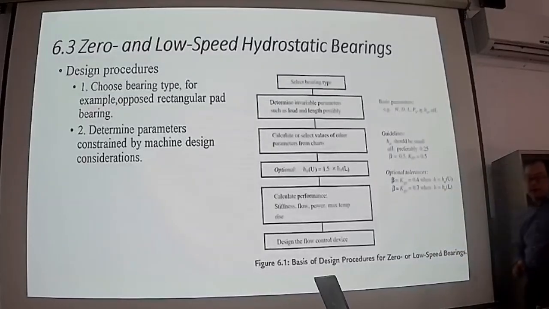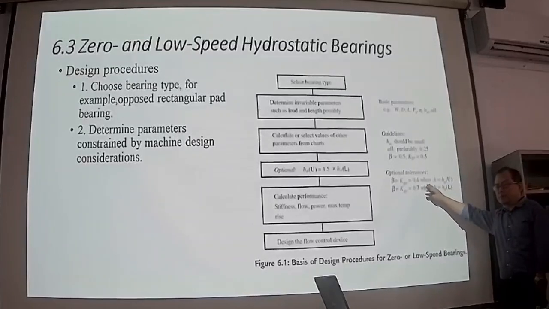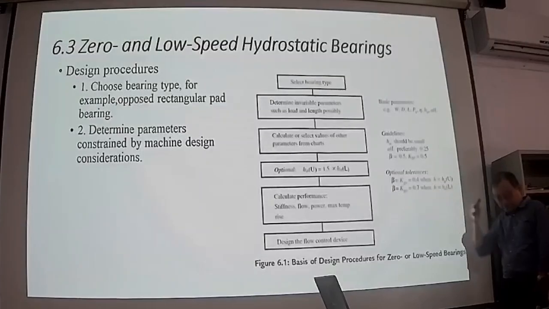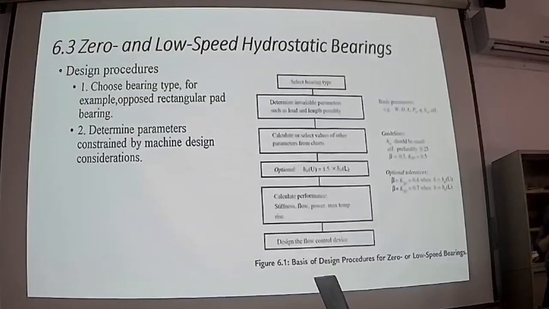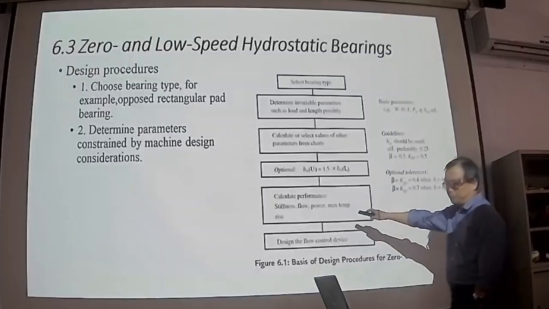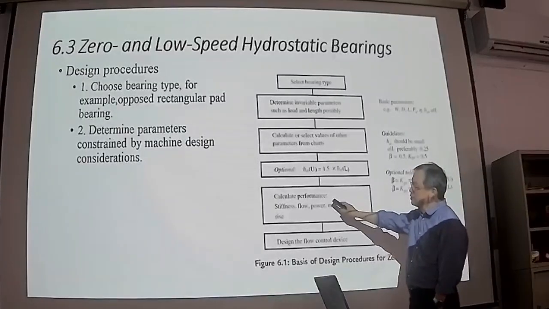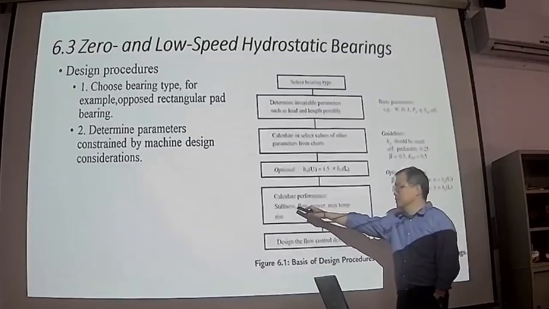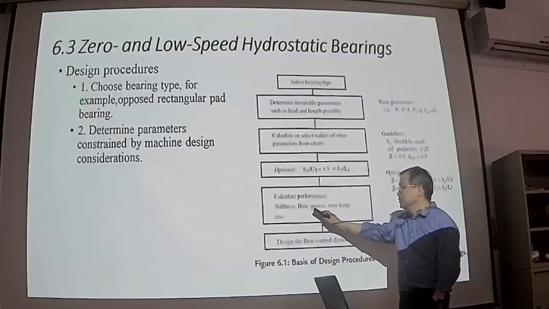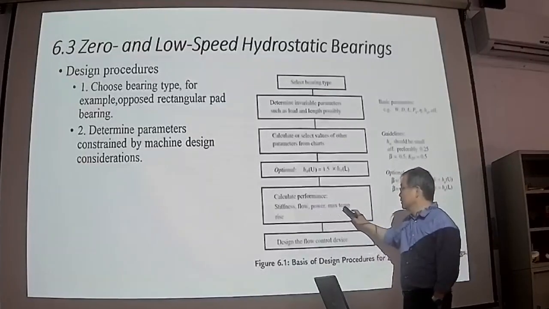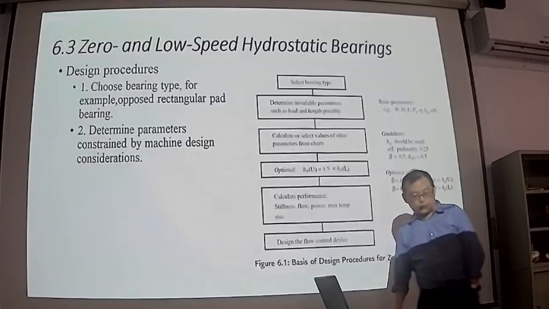So if the final film thickness is different from the design film thickness, you make some adjustment for your supply pressure ratio, and then we calculate the final performance of the bearing, such as the stiffness, flow rate, the friction power, and the maximum temperature rise.